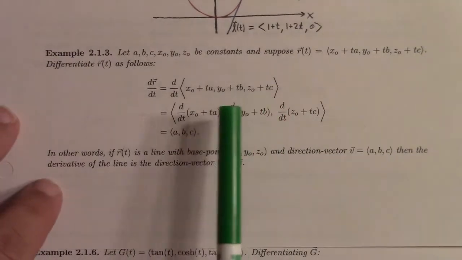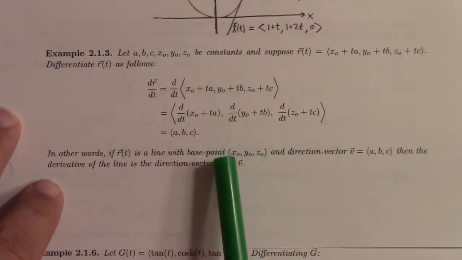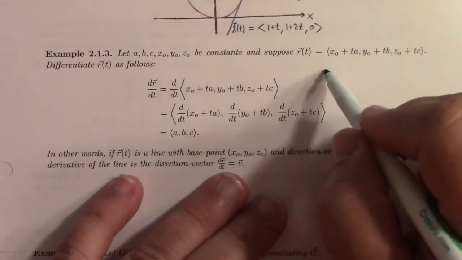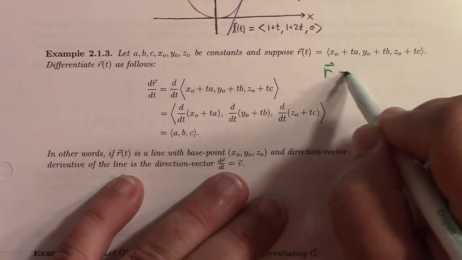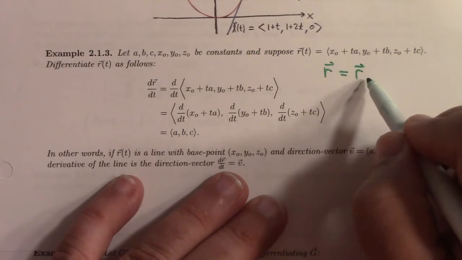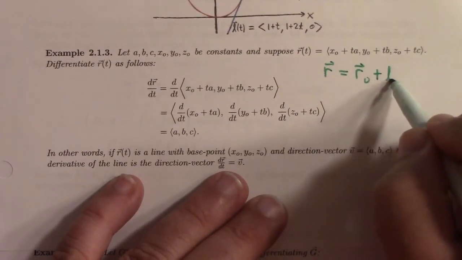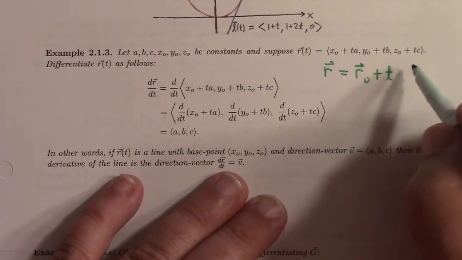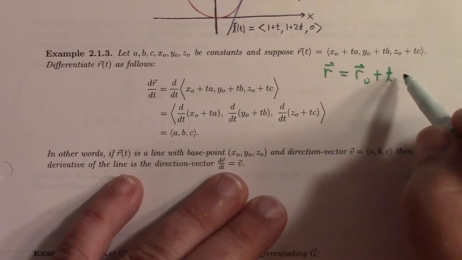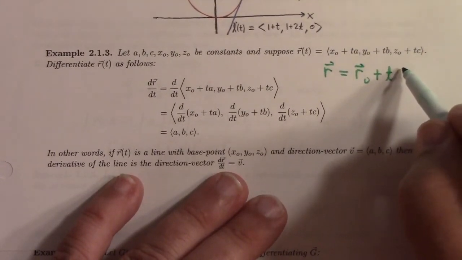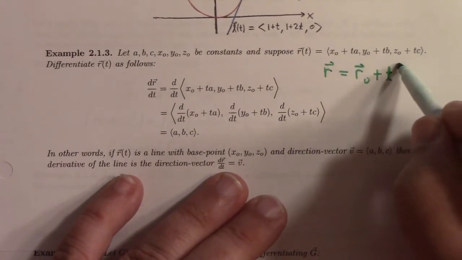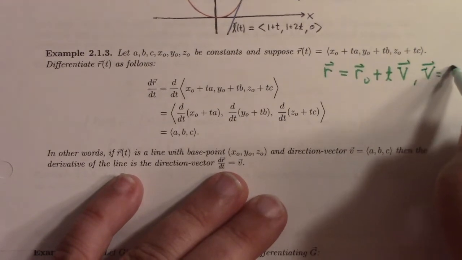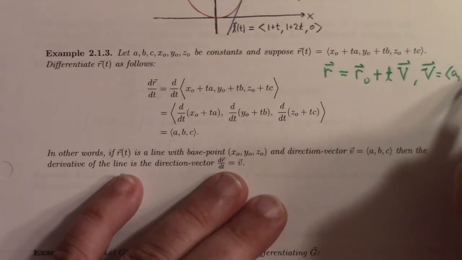So what this shows is that, if we wrote this example in a different notation, this is r equals a constant vector r naught plus t times the vector a, b, c, which, for lack of an imagination, I'll call vector big V. So big V is the constant vector a, b, c, right?